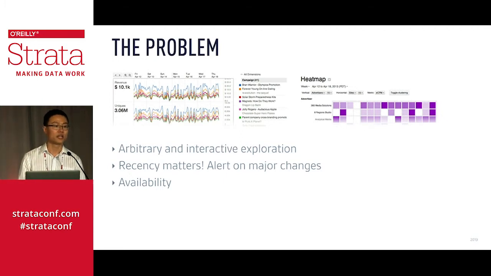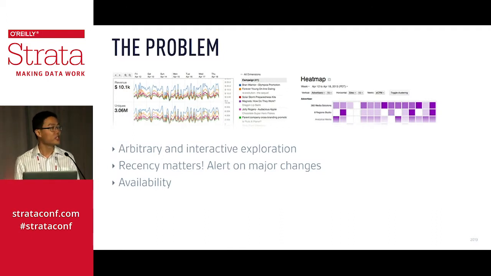To build this dashboard, there were several main challenges we had to solve. One, how do you do data exploration in general. Another is data freshness: how do you alert on events occurring right now, and how do you explore events as they're happening? And finally, because we are a software as a service company, we have to solve problems around high availability.